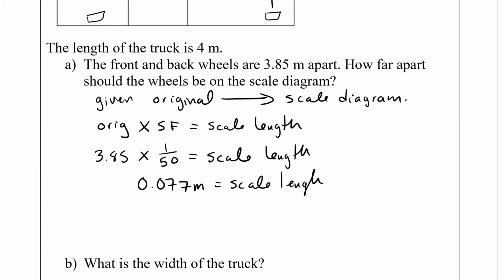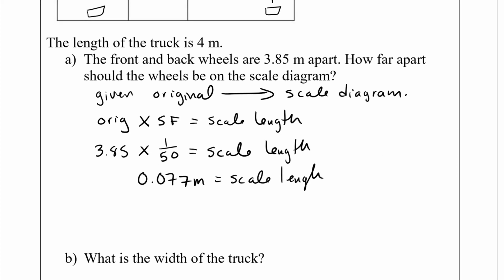If we want to get really fancy and say we want this in centimeters, we would just multiply this by 100. So 0.077 times 100, we just move the decimal place over, so it's going to be 7.7 centimeters.